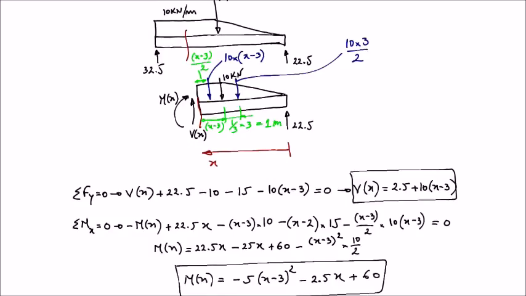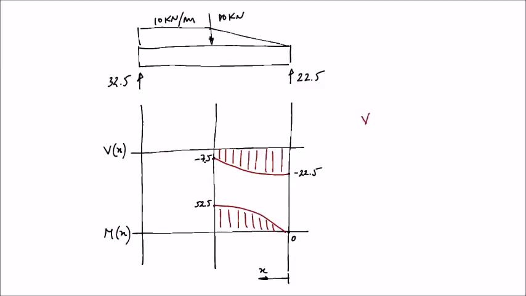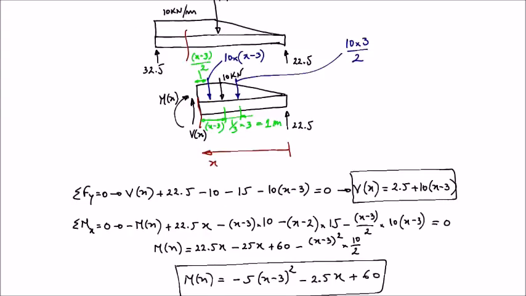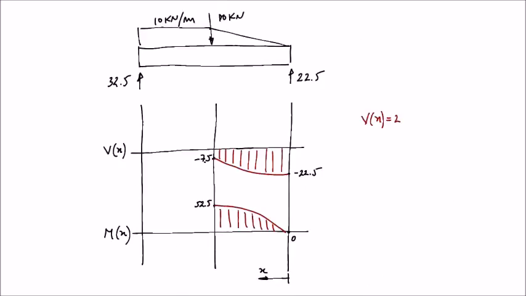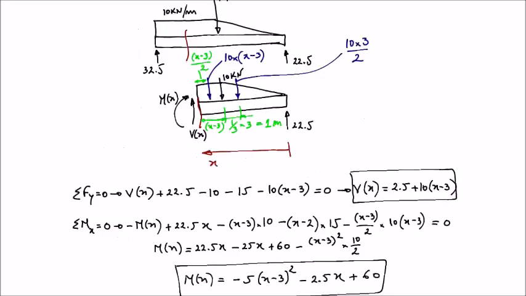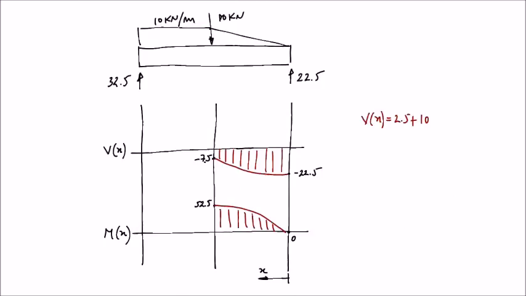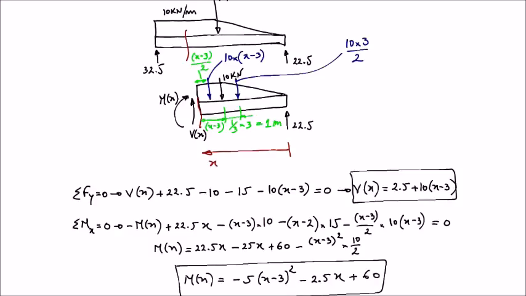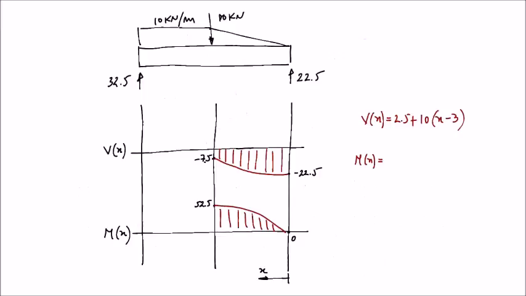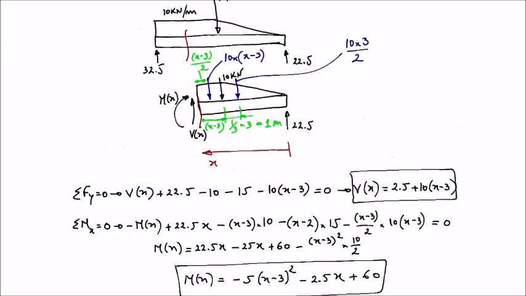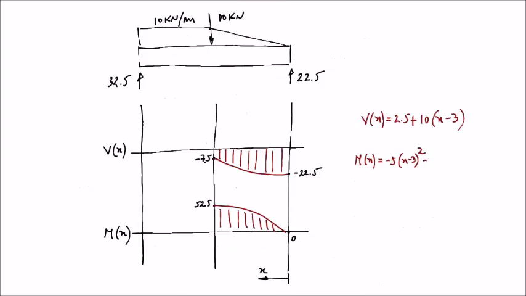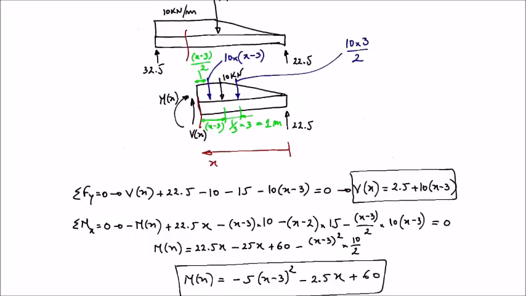For the transverse shear force, 2.5(x minus 3), and for the bending moment Mx we have minus 5(x minus 3) squared minus 2.5x plus 60.